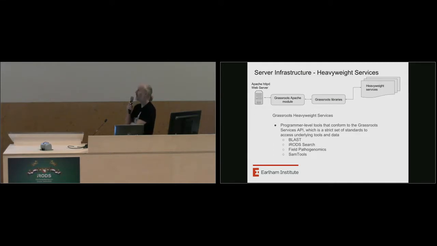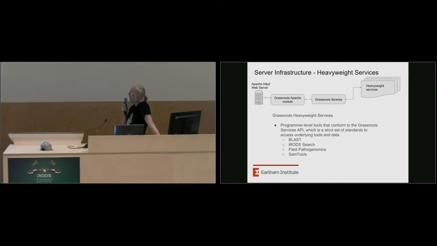And then the actual stuff that users care about are the services. These are the things that actually do scientific analysis. So we have two different types of services. We have what we call heavyweight services, and this tends to be where a programmer will actually write something. And we have a services API that, as long as they fill that in, they can do whatever they want and interact with the system.